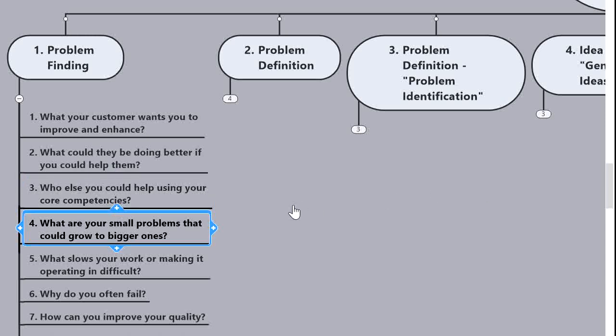Fourth question: what are your small problems that could grow into bigger ones? Of course, that is only when you are fulfilling and monitoring your operations.